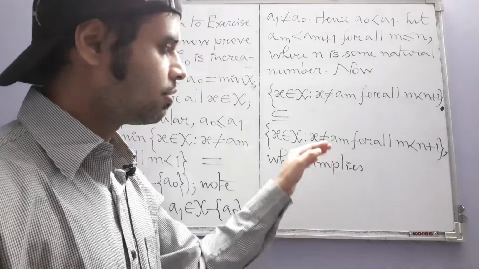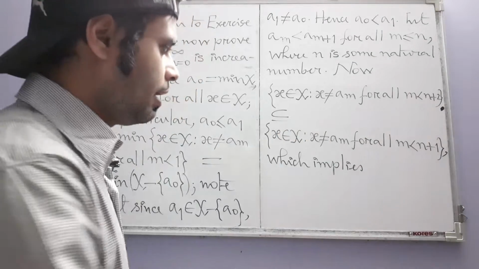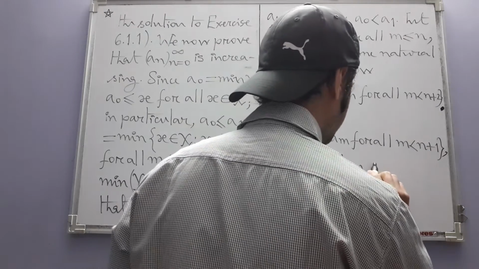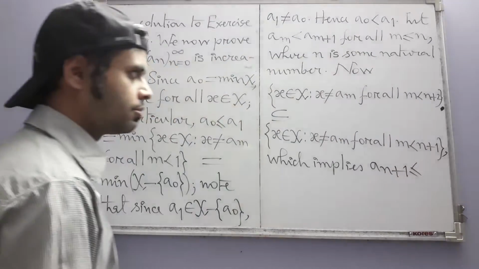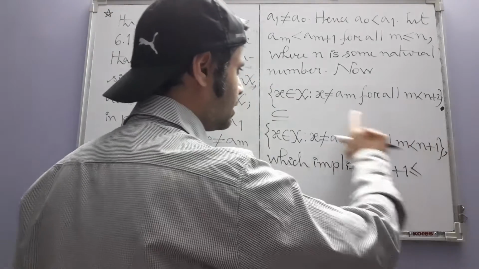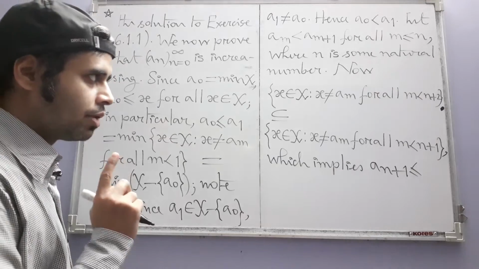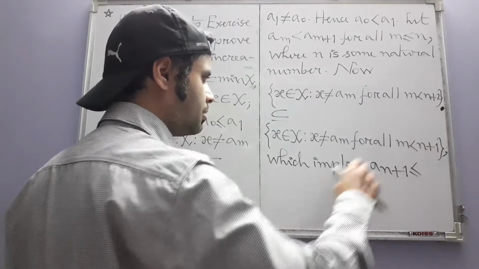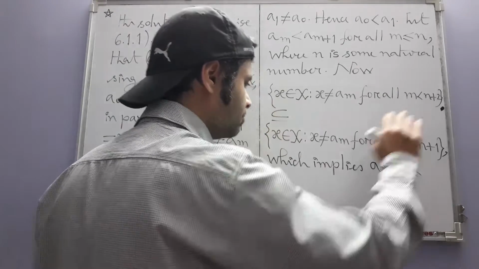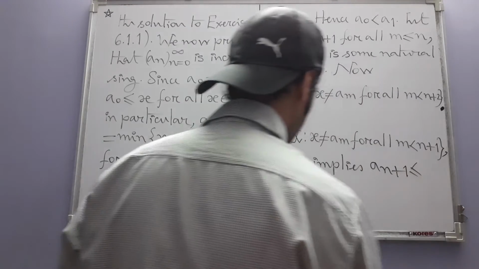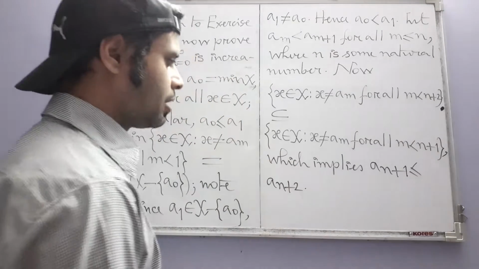So in particular, it is less than or equal to all the elements of this subset, and this minimum is a_{n+1}. It is less than or equal to all the elements of this set and hence all the elements of this subset in particular. And one of the elements of this subset is a_{n+2} itself, because that is the minimum of this set. So this is less than or equal to a_{n+2}.